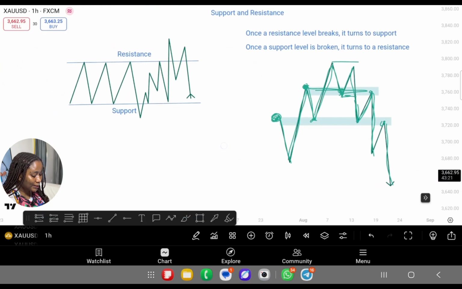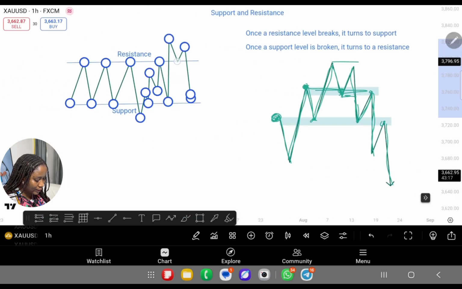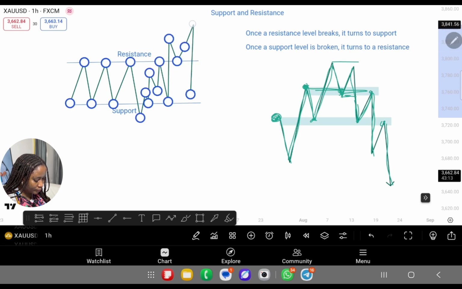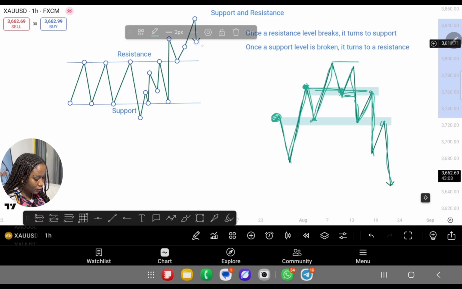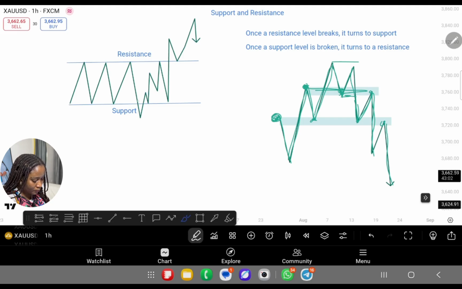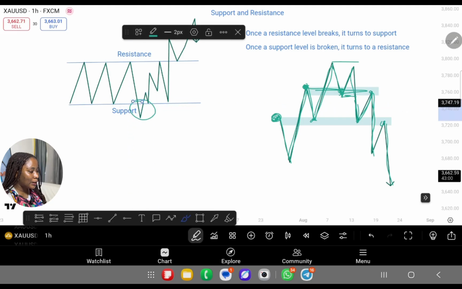This could have been a break, and then price took out this high and then pulled back to our support. This could have also been a fake out. Fake outs are when price, like here, has been acting as a support, and all of a sudden price came below that support.